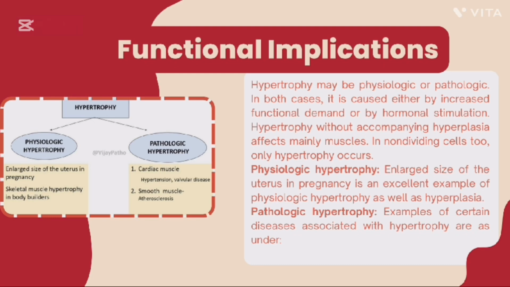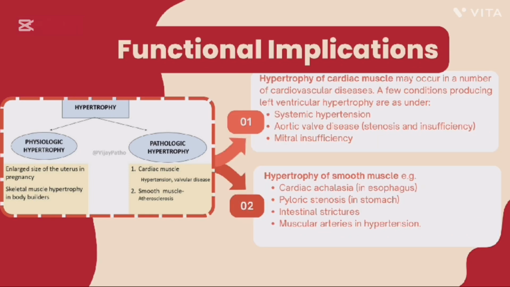Over to functional implication. We have already known physiological hypertrophy and pathological hypertrophy. Physiological hypertrophy is due to accommodation, while pathological hypertrophy is due to a certain disease. The functional implication has four examples. The first one is hypertrophy of cardiac muscle, which can occur in a number of cardiovascular diseases.